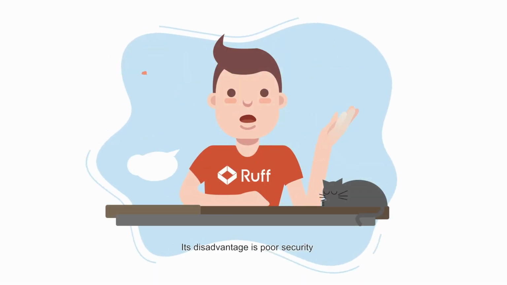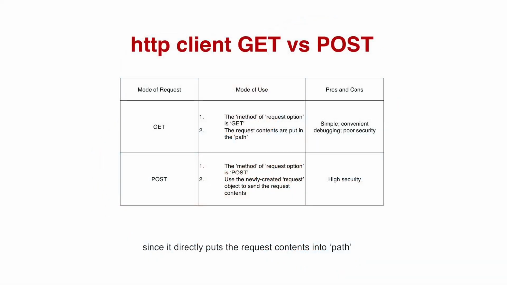Its disadvantage is poor security, since it directly puts the request contents into path. In post, some improvements have been made over that. It sends the request contents through the new request object, instead of directly writing plain text in the path. So its security is higher.